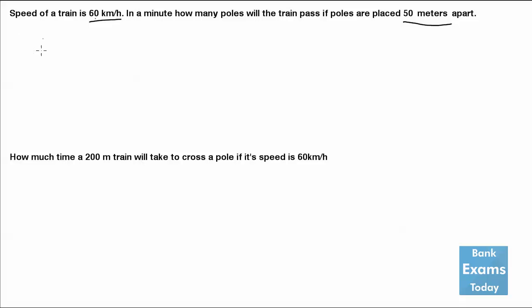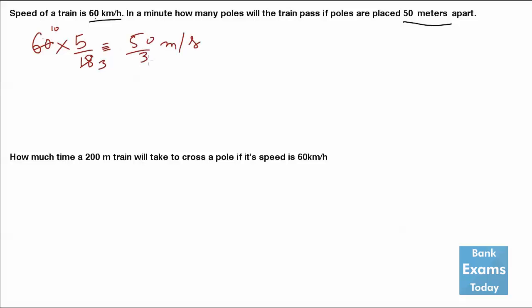So it is 60 multiplied by 5 over 18. If we want to convert speed from kilometers per hour to meters per second, we need to multiply it by 5 over 18. So it becomes 50 over 3 meters per second.